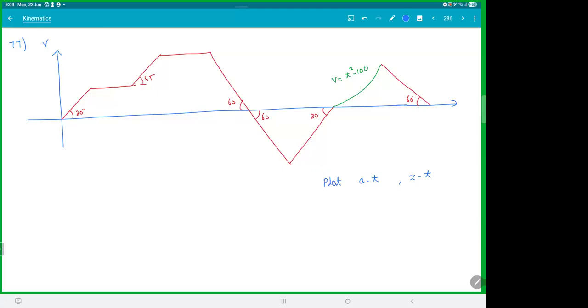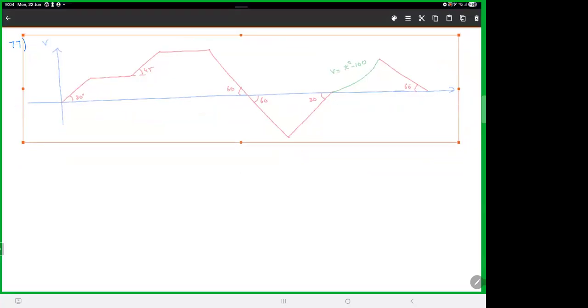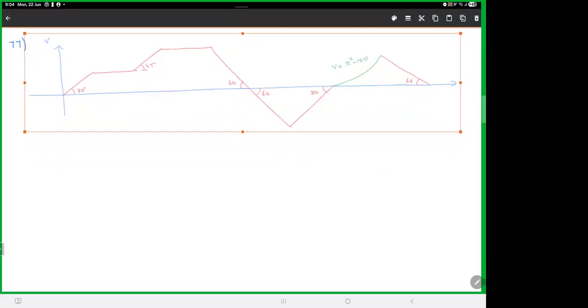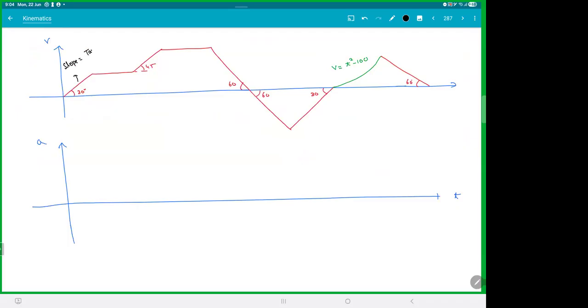Okay, let's see the AT graph. So first thing, slope here, tan 30, 1 by root 3.